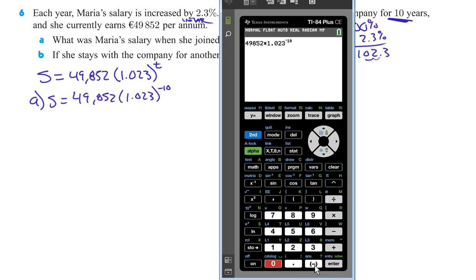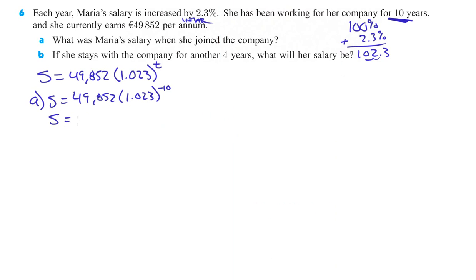Super important to push this negative sign instead of the subtract sign. We push enter. That means 10 years ago she was making 39,712.41, right? 39,712.41. Yep. So her salary was 39,712.41 per year.